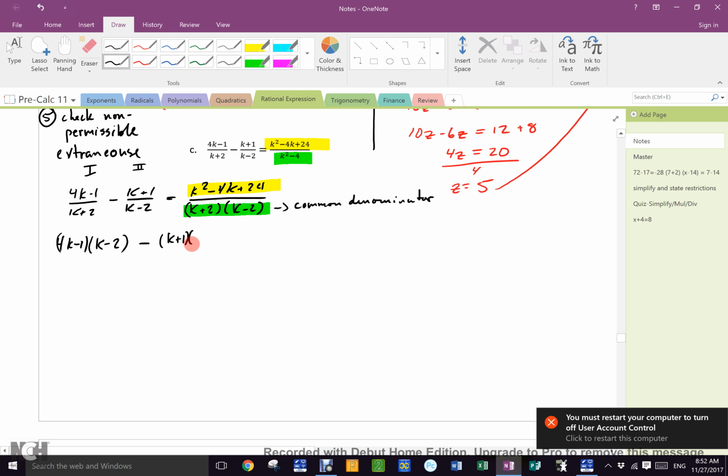K plus 1, k plus 2, correct? And that is going to equal k squared minus 4k plus 24. And I'm keeping him highlighted because we haven't done anything with him yet, even though we all wanted to do something with him, didn't we? Why didn't we? Because what's happening over here now? What am I going to get? I'm going to get a bunch of k squareds, a bunch of k's, and a bunch of constants, aren't I? So if we messed with this guy now, we'd be in trouble over here, wouldn't we?